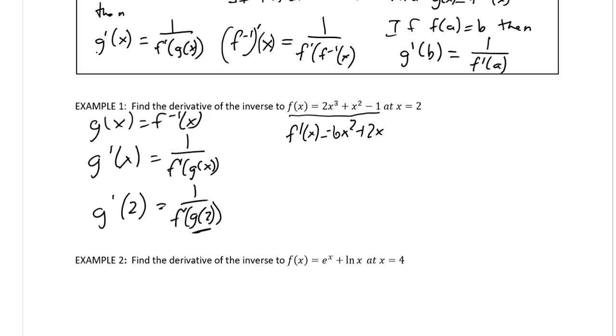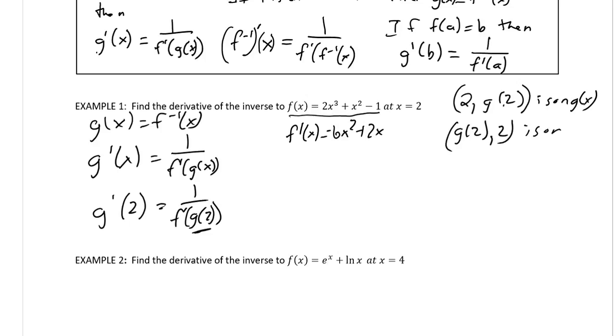So in other words, if the point 2, g of 2 is on g of x, then the point g of 2, 2, if we switch x and y, is on f of x.